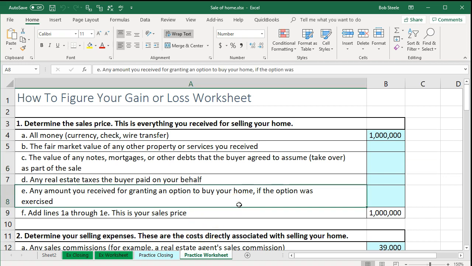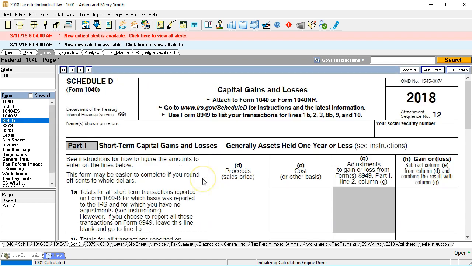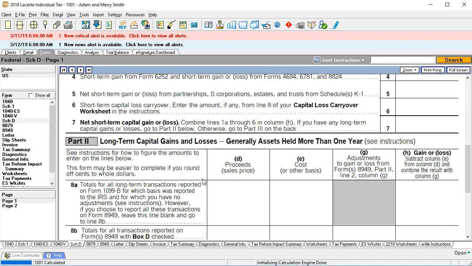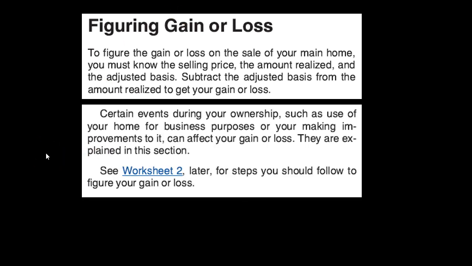We also provide an Excel worksheet that you can use as reference as well. In prior presentations, we also put that information into the 1040, so you can see how it all applies to the 1040 on Schedule D. Schedule D will be the form for capital gains for the sale of the home. Back to the text.